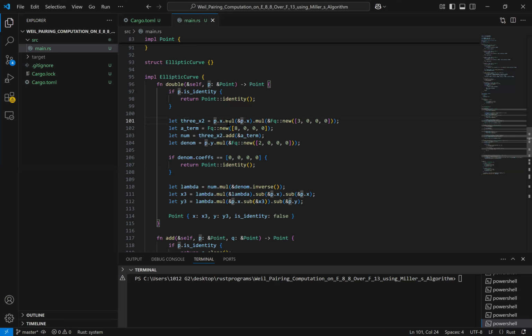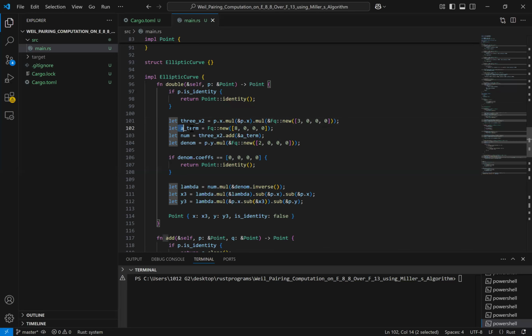So 3x squared is given by x times x, then times 3. Look at the 3, how it looks. For our case, the 3 is supposed to be the constant 3 plus 0t plus 0t squared plus 0t cubed. So everything you're doing here, you must remember how the number looks.